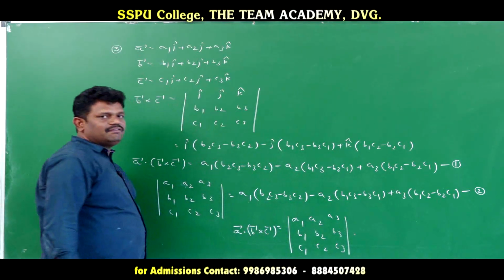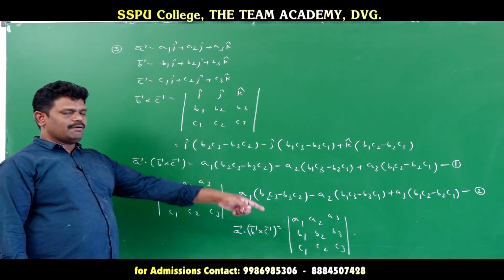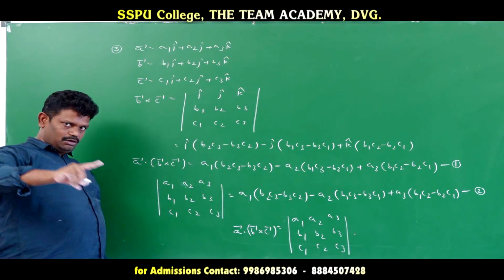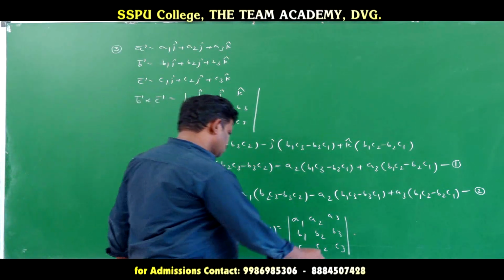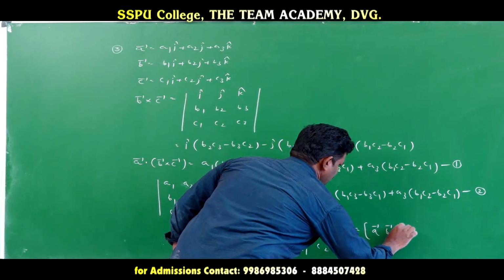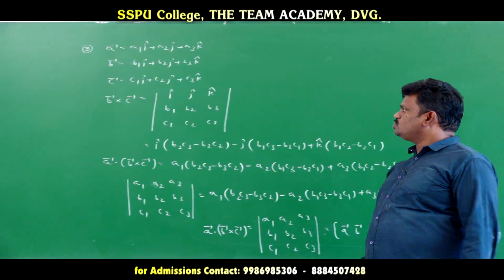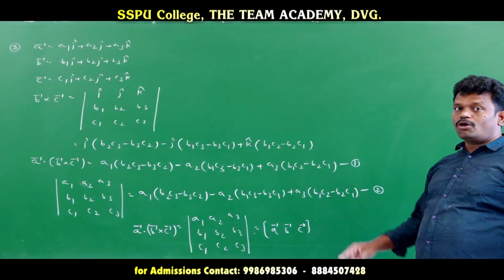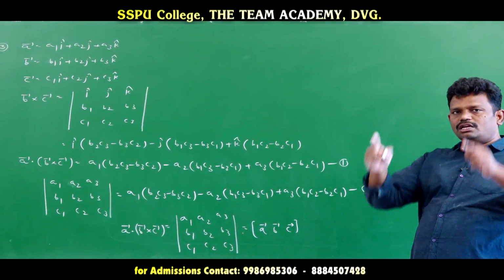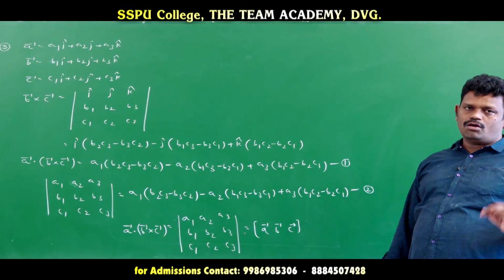If you represent the scalar triple product of three vectors, you directly apply the determinant of the scalar components of every vector, written row wise. This value is also equal to the box of A bar B bar C bar. So this is the process in problems. If you want to find the box of A bar B bar C bar, we just find the determinant of the given three vectors, writing the scalar components row wise.